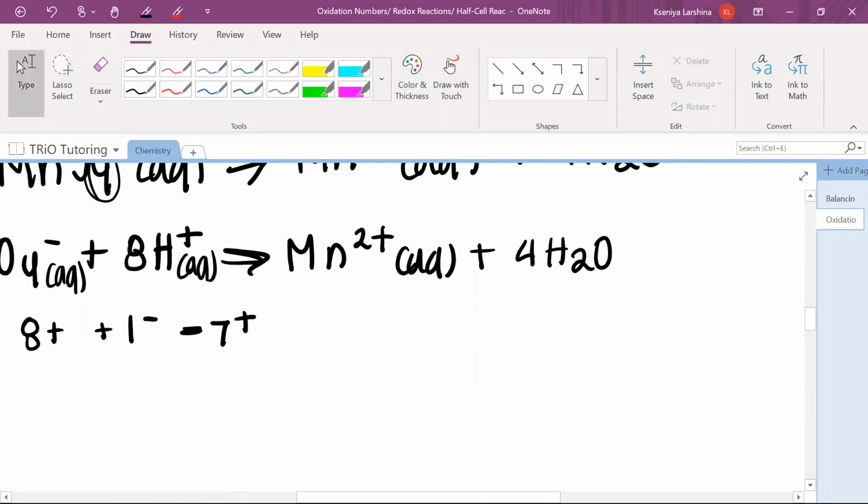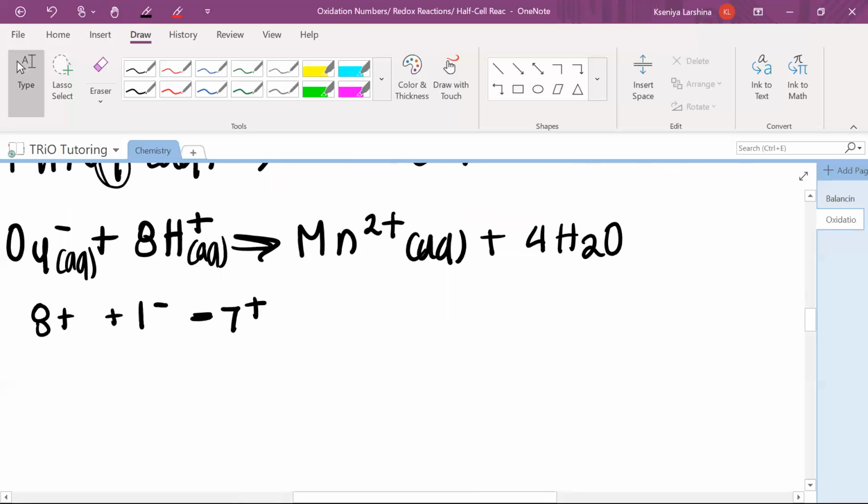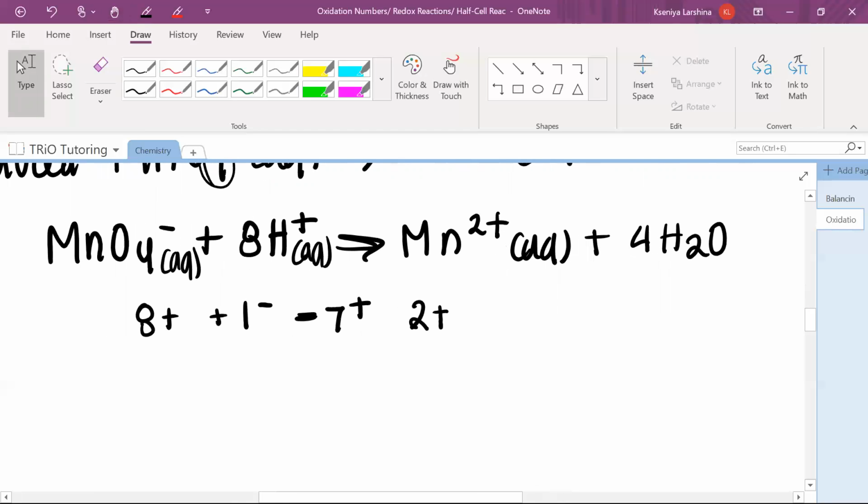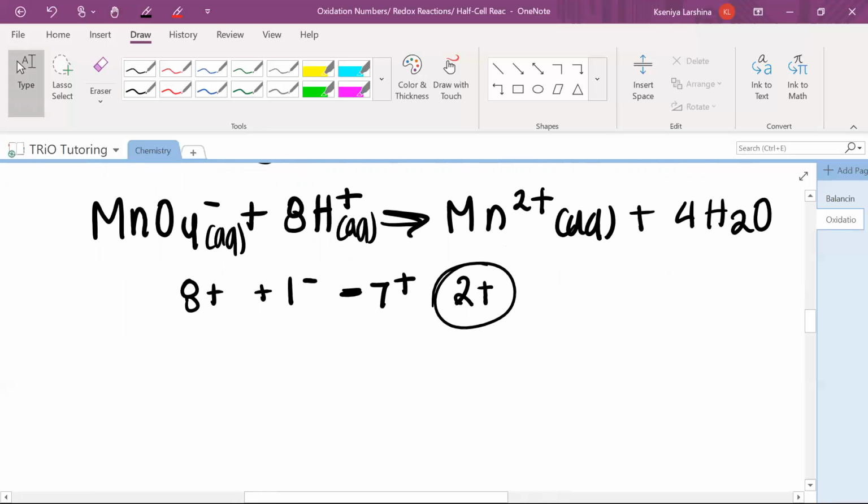And on this side, we have 2 plus. So we need to add enough electrons to have 2 plus on both sides, because that's our least number. So we could add 5 electrons on this side.